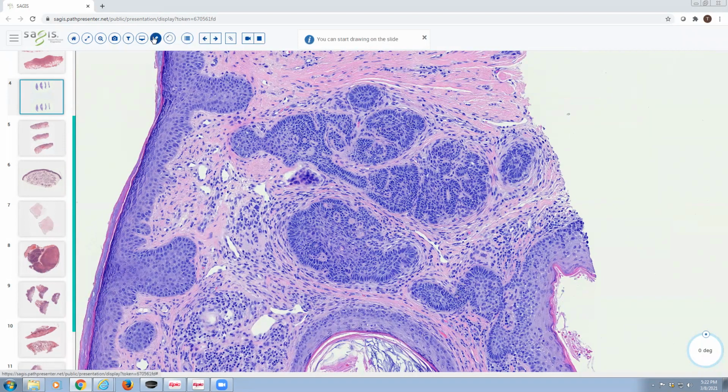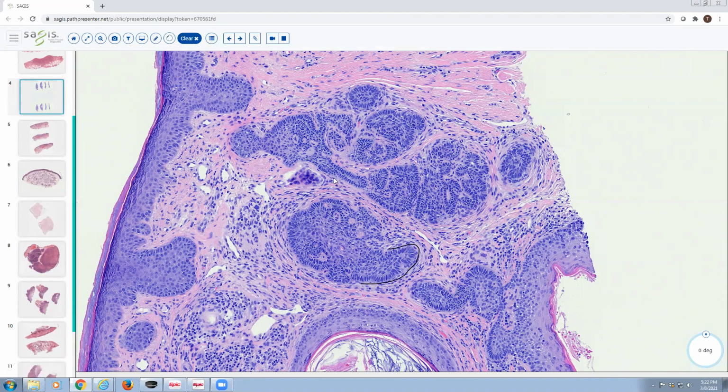Now it's important to remember that trichoep and trichoblastoma can have peripheral palisading of nuclei. So notice that there's peripheral palisading of nuclei here. That particular feature should not be overemphasized as specific to basal cell carcinoma.